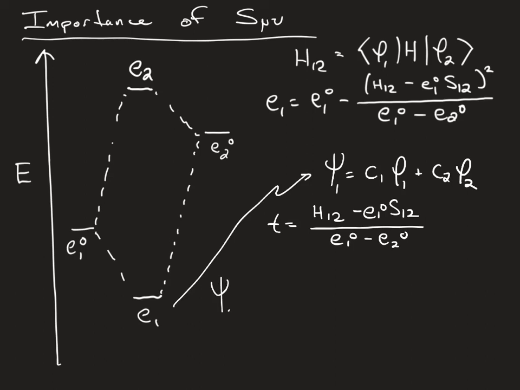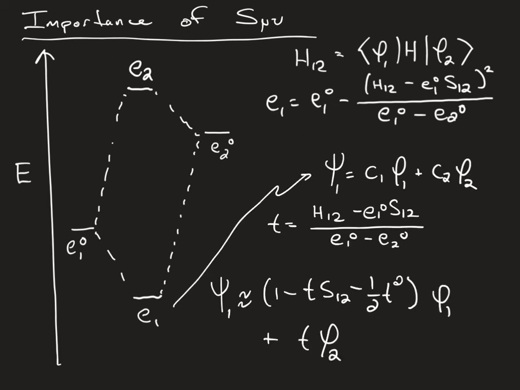This wave function is going to be proportional to (1 minus T S12 minus 1/2 T squared) V1 plus T V2.